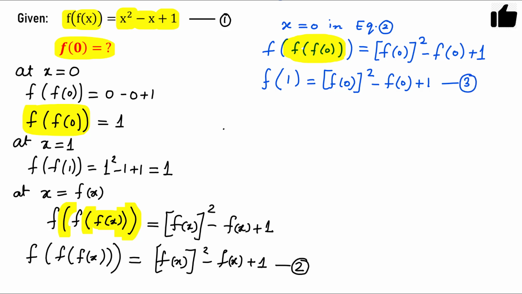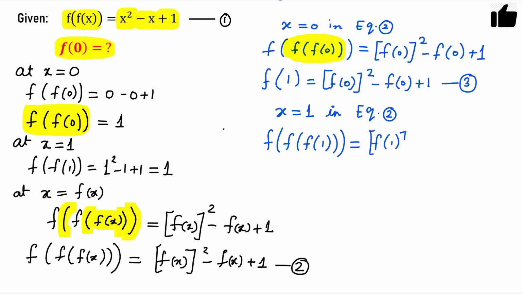Now in equation 2, we can plug x equals 1. So what will you have? You will have f(f(f(1))) = (f(1))² − f(1) + 1.